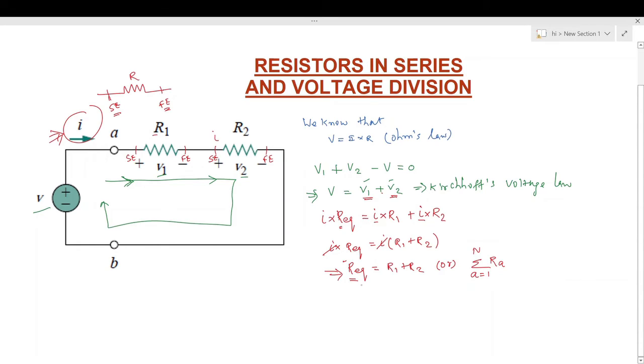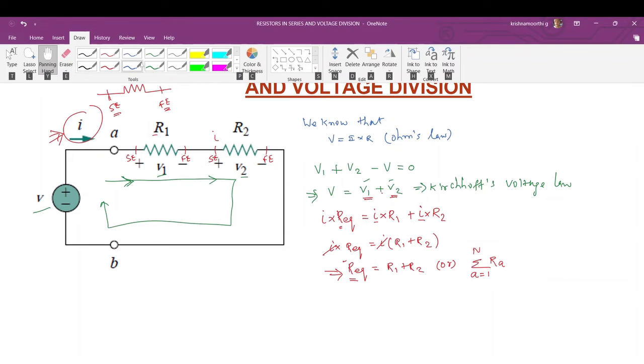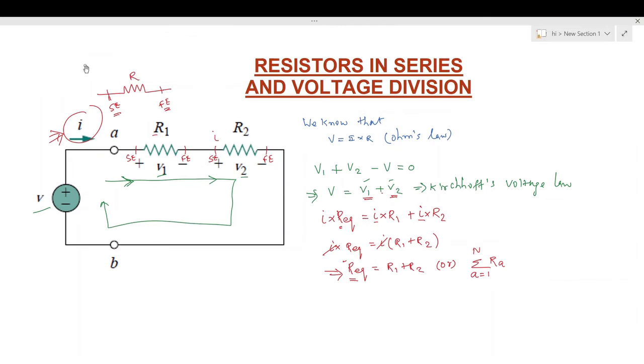Okay, now we need to find out the value of current I. So to find out the value of current I, we will just simplify this circuit by replacing these R1 and R2 resistors by its equivalent resistance. Then we will calculate the value of circuit current. Now we will simplify it. So this is the voltage source with the minus terminal. This is the supply voltage.